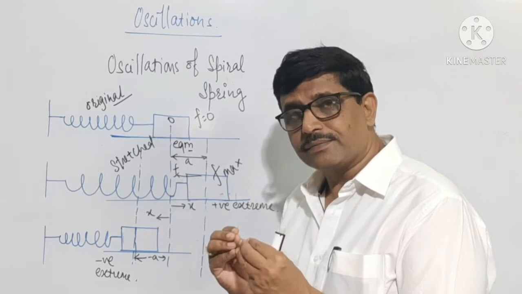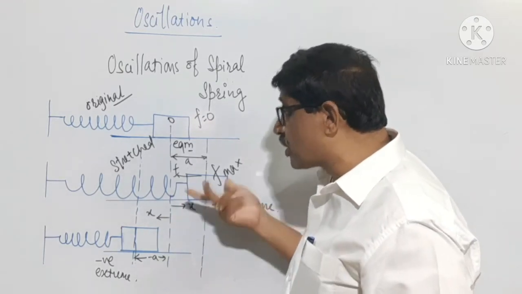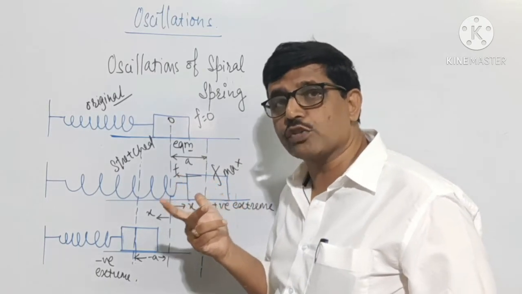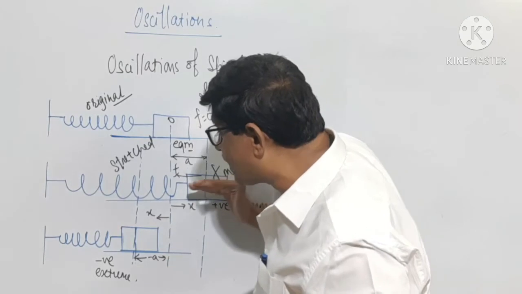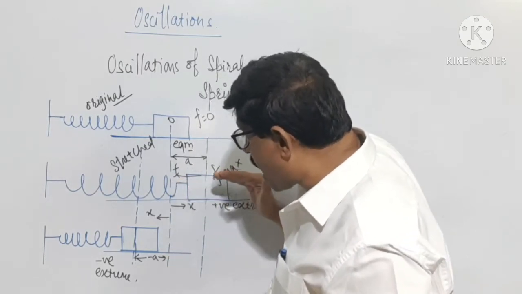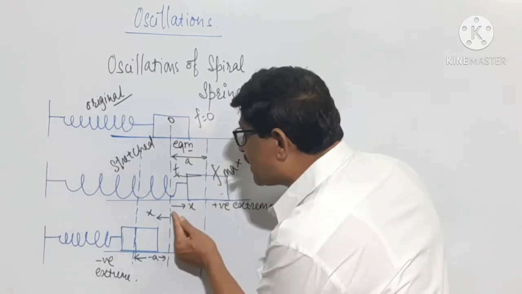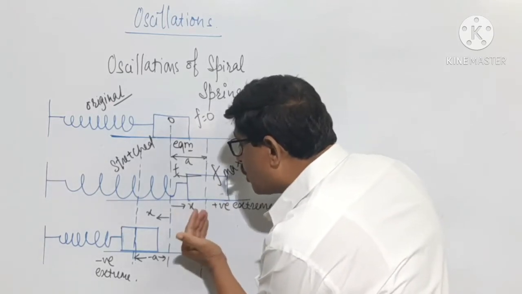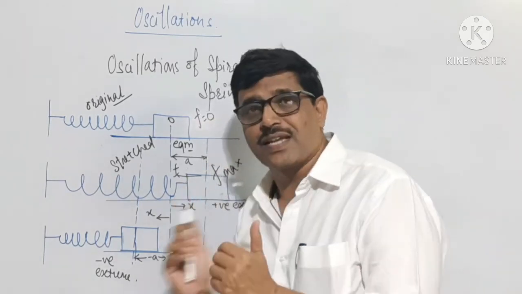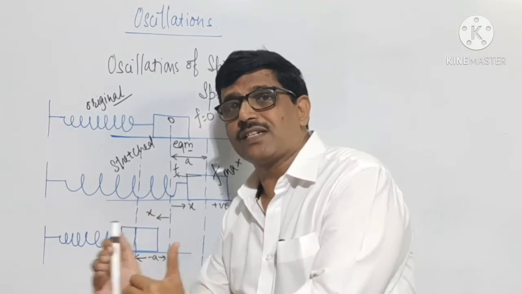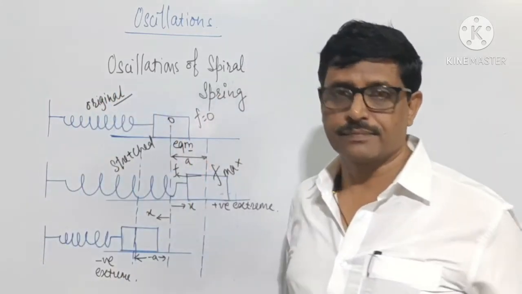And at a given instant of time, let the block be released from this position. Because of this restoring force, the block begins to move towards the equilibrium, and as it comes back towards equilibrium, its displacement measured from the mean position goes on decreasing. As it approaches the equilibrium, it is coming towards its original length, and the force also goes on decreasing.